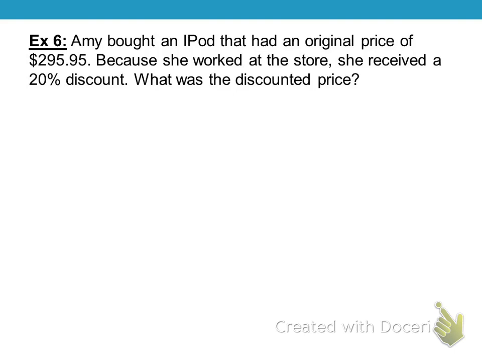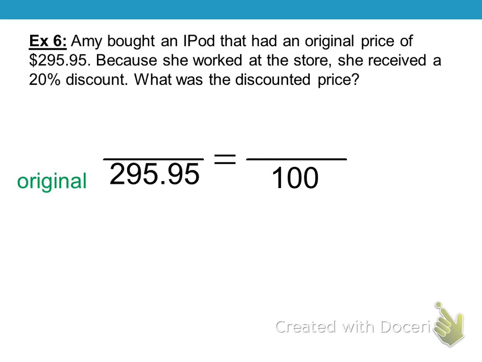20%. So when you're finding discount price, you can do it two ways. I'm going to show you the way that I believe is easier. If you have the original price, that's going to go on the bottom. Now, one way to do it is to put the discount percent on top. That would give you the discount amount, and you could subtract that from the original price.